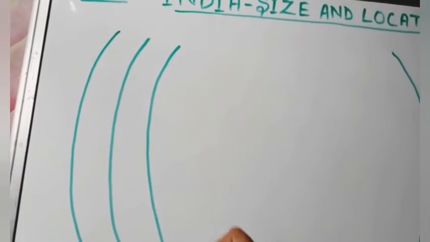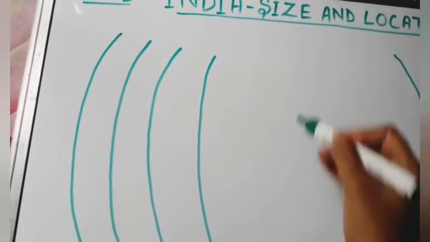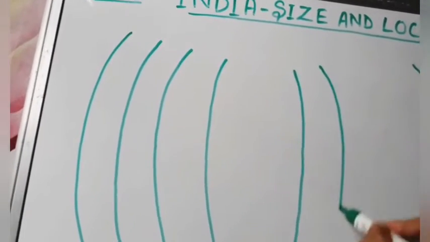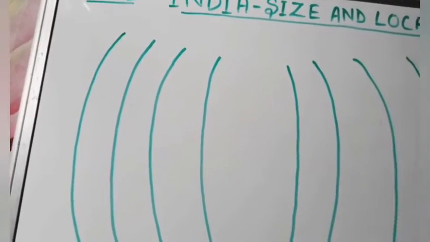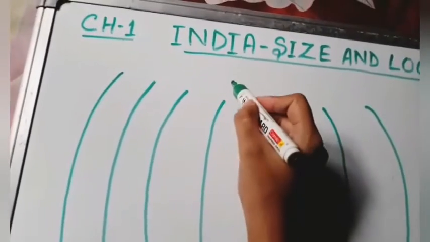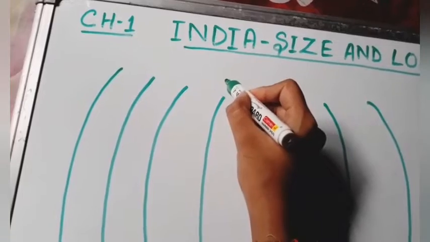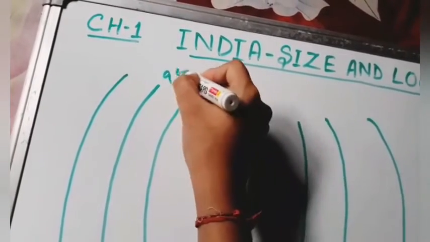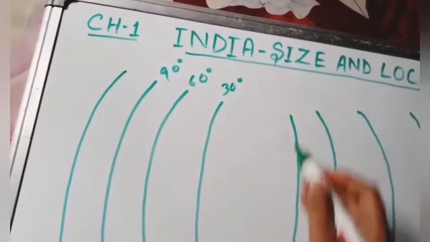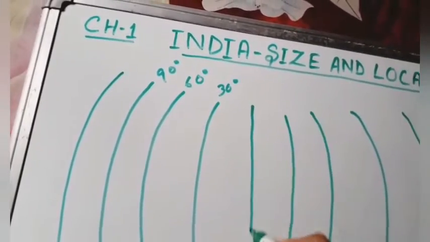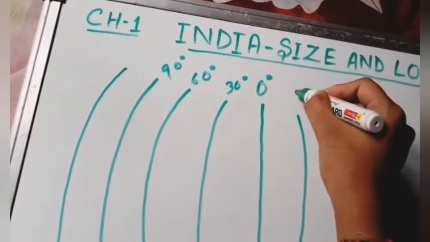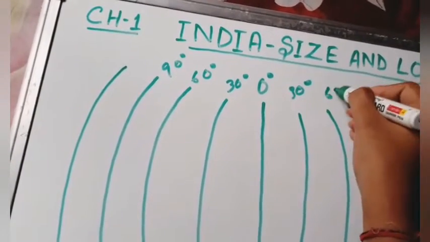These vertical lines are longitudes. They are placed in your book like this: 30 degree, 60 degree, 90 degree, and in the middle this is 0 degree.